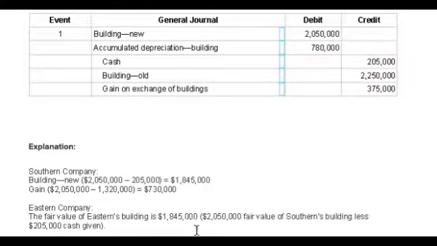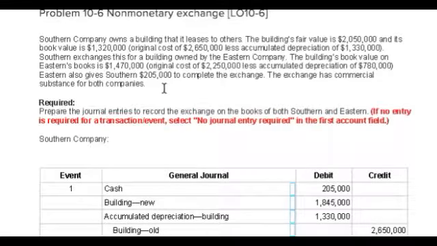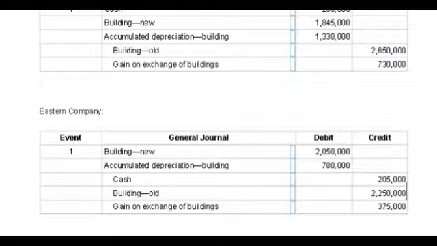So that is the fair value and proceed that Eastern company received. So 1.845 fair value proceed minus the book value, which was given to us up here, 1.47 million. So 1.845 fair value minus 1.47 book value, you get a gain of $375,000.